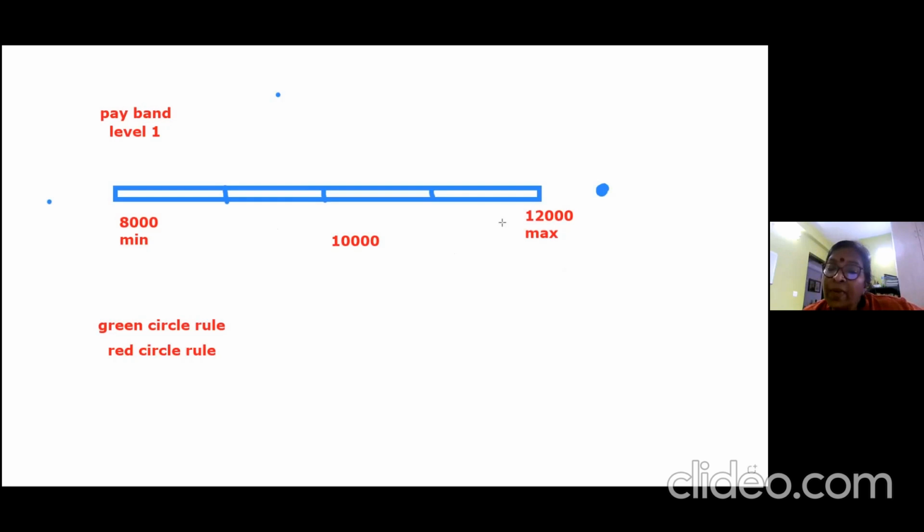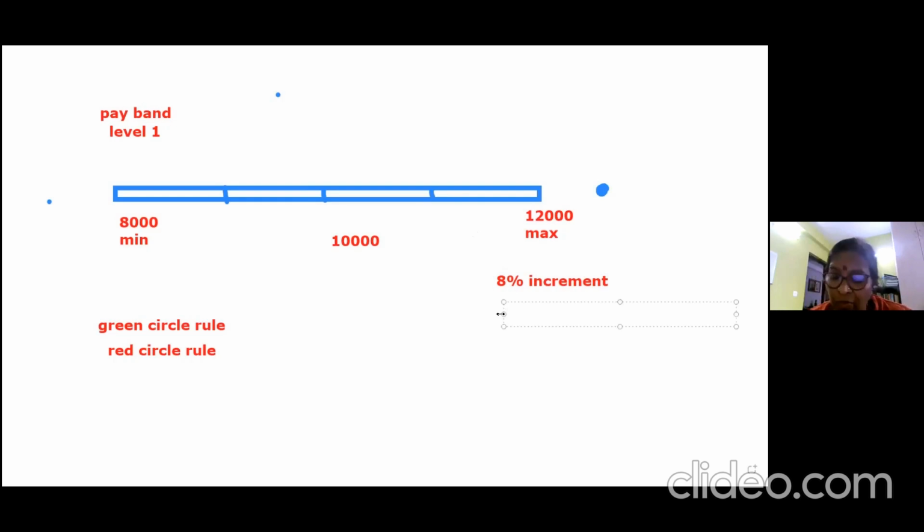So you may ask me, what should I do when the person has reached the maximum? Typically, say for example, on an average I'm giving 8% of increment to all the employees annually.